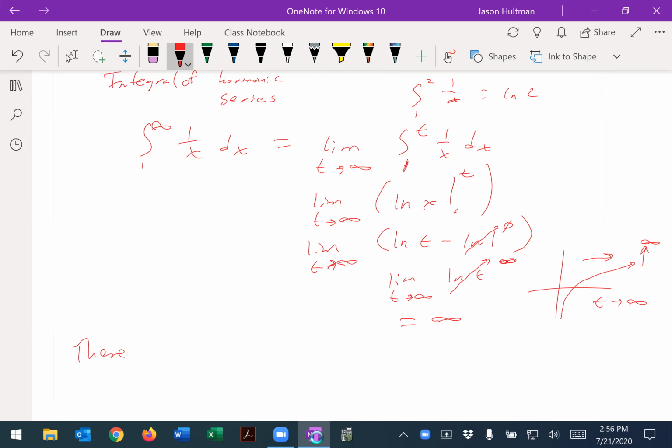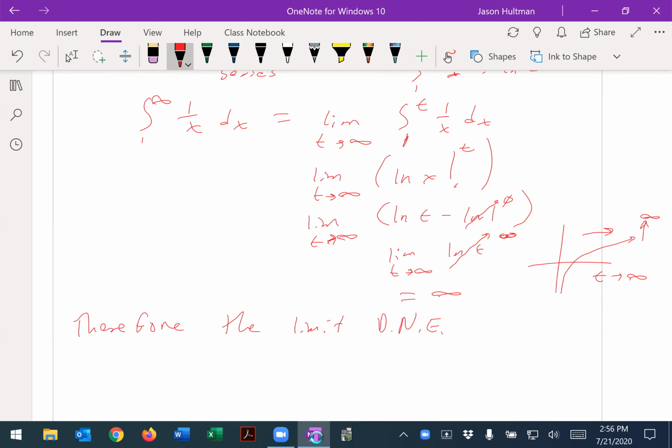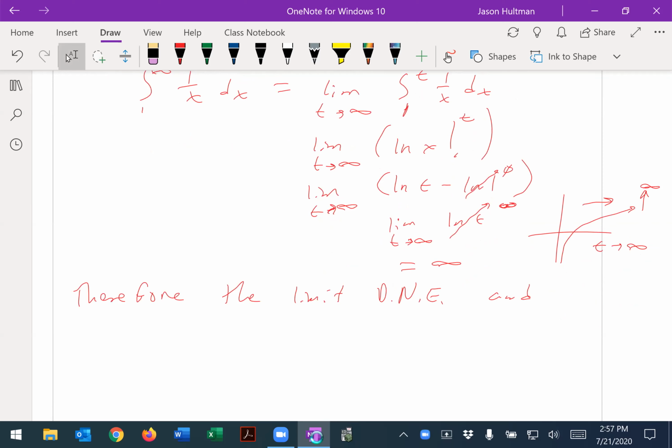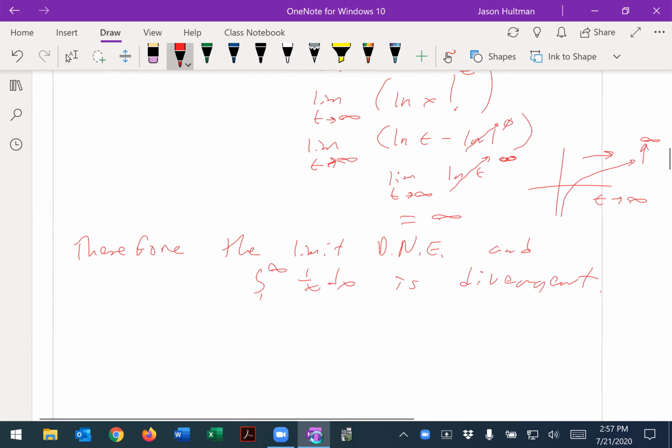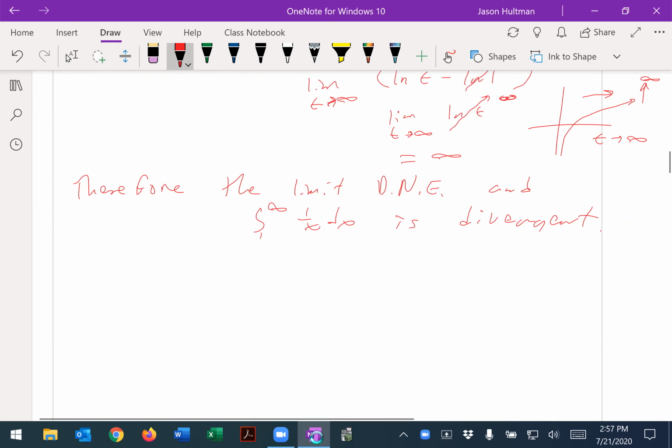Therefore the limit does not exist, and the integral from 1 to infinity of 1 over x dx is divergent. So why is it divergent? Let's explore this a little bit better here.